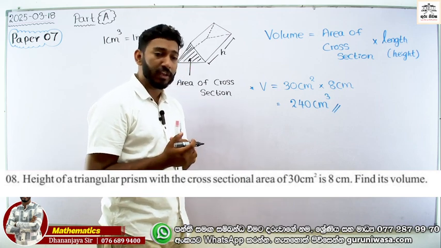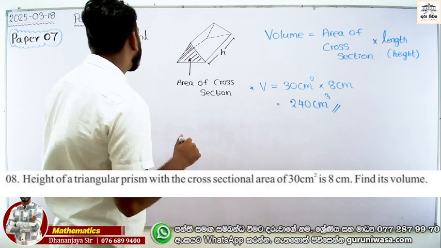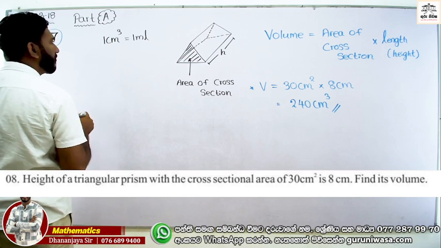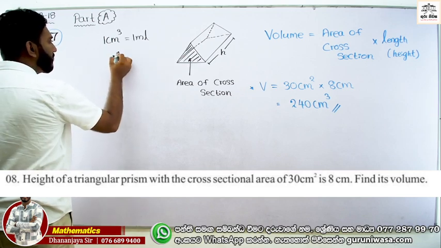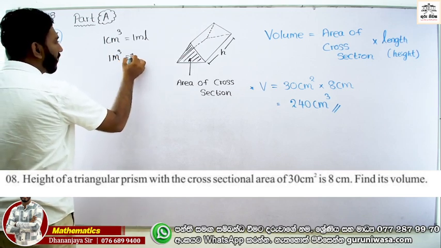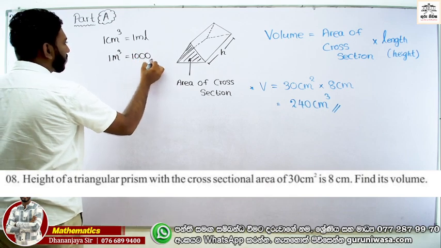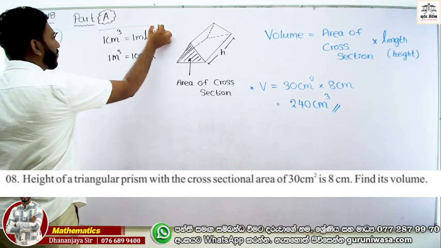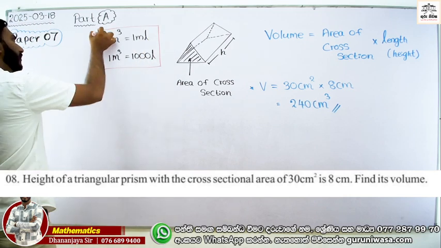You have to know about these relationships. A cubic centimeter becomes 1 milliliter, and a cubic meter becomes 1000 liters. This is a very special note relevant to this question, right?